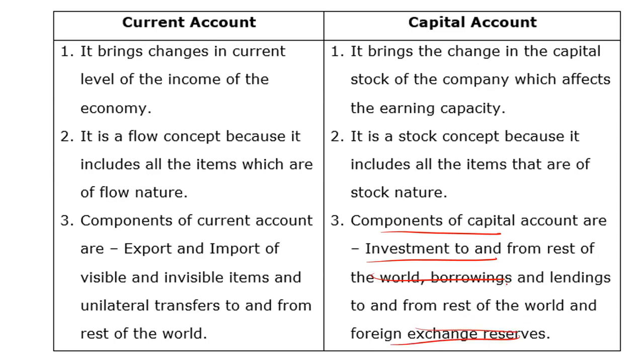Foreign exchange reserves will come under the capital account. Remember that. If a match the column type question comes in the exam, the capital account will be matched with foreign exchange reserves or any sort of long-term investment.